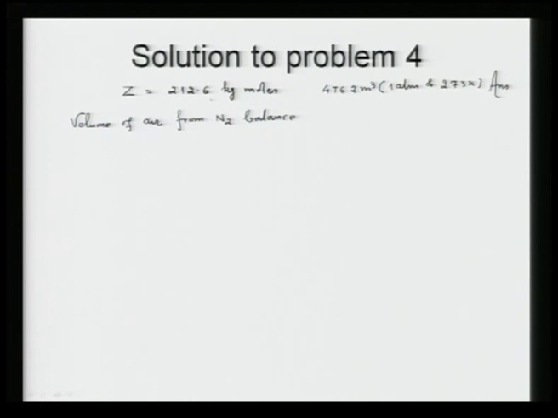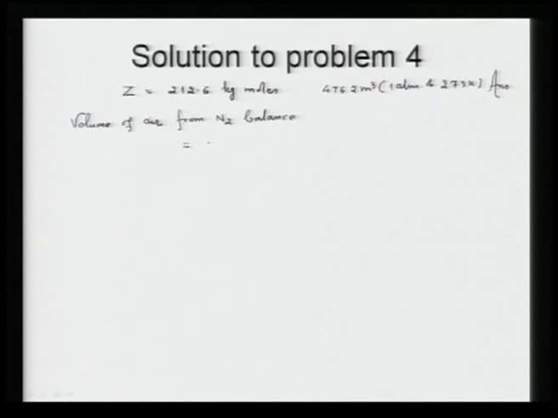We know the amount of gases. Nitrogen is 61% and air contains 79% of nitrogen. So, straight away if we do the nitrogen balance, nitrogen from air is equal to nitrogen in gases. So, the volume of air will be equal to 3677 meter cube. This is from nitrogen balance.